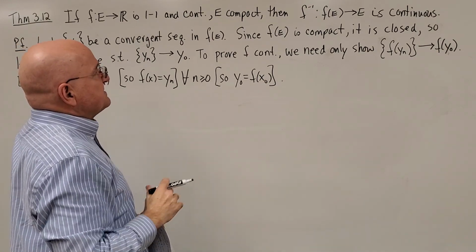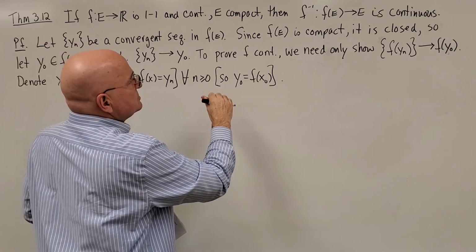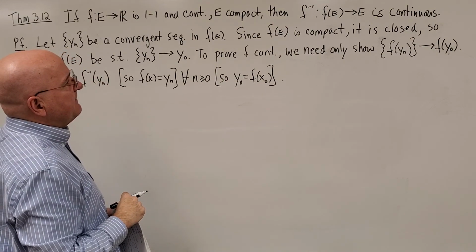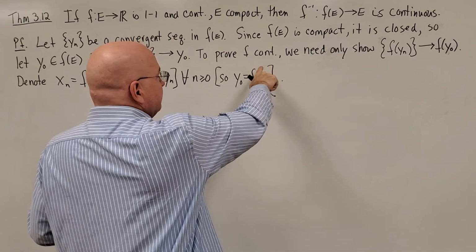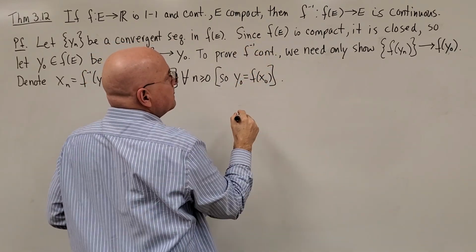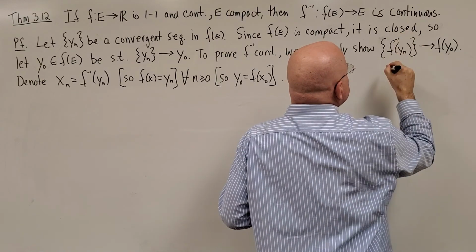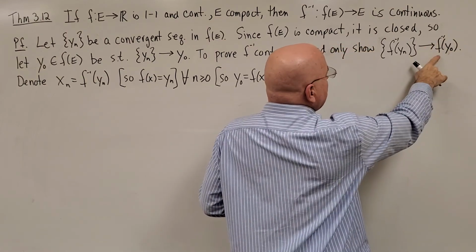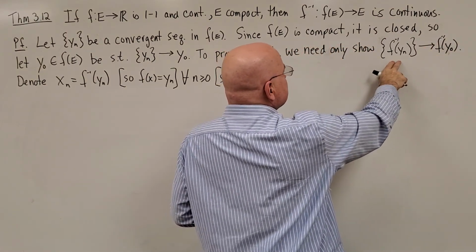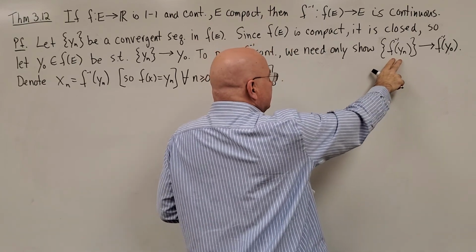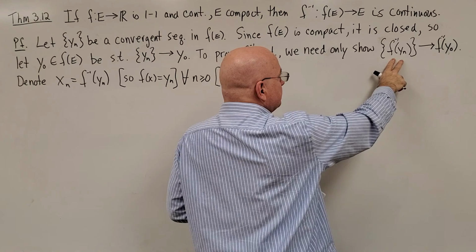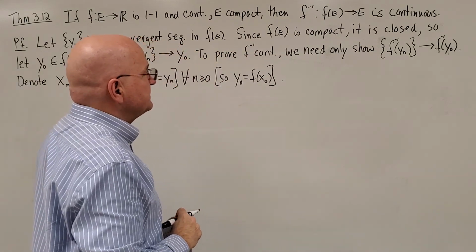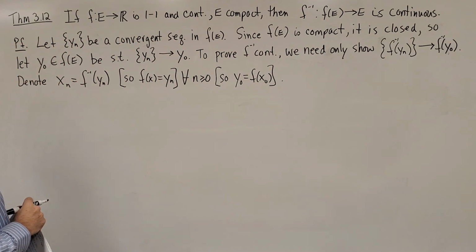To prove that f inverse is continuous, we only have to show that this sequence is convergent to f inverse of y0. So we're taking a sequence whose numbers live in E, and they converge in E to f inverse of y0.